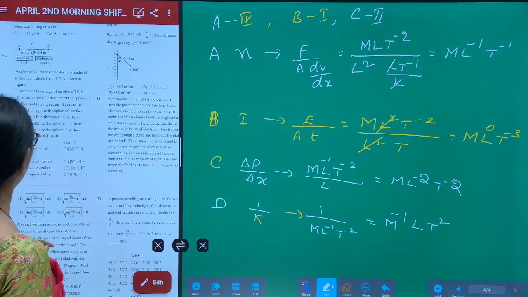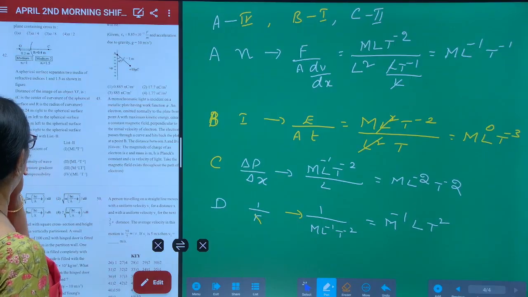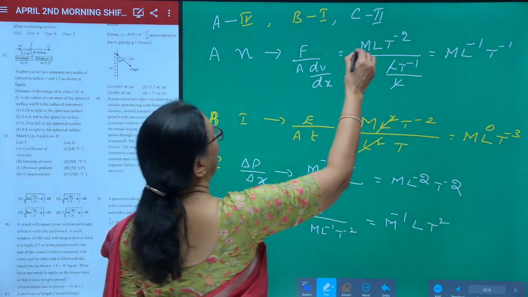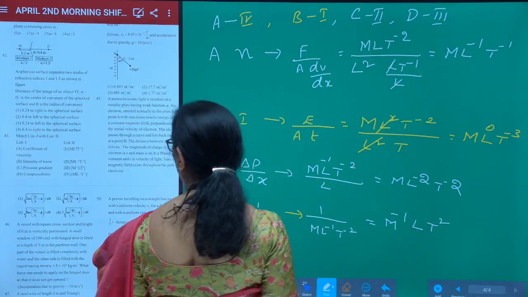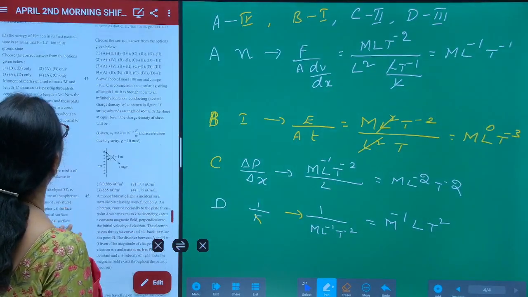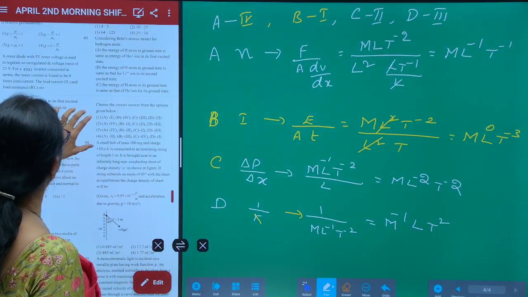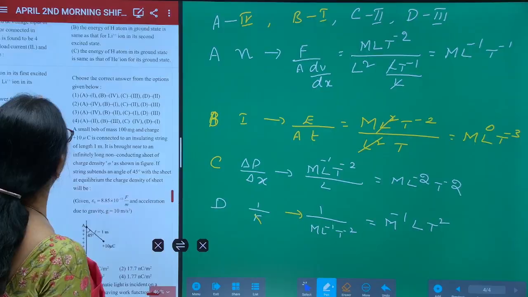So m to the power of minus 1 L T square is 3. So for D, it is 3. So let us look at the options given. If you go to the options given here, look.